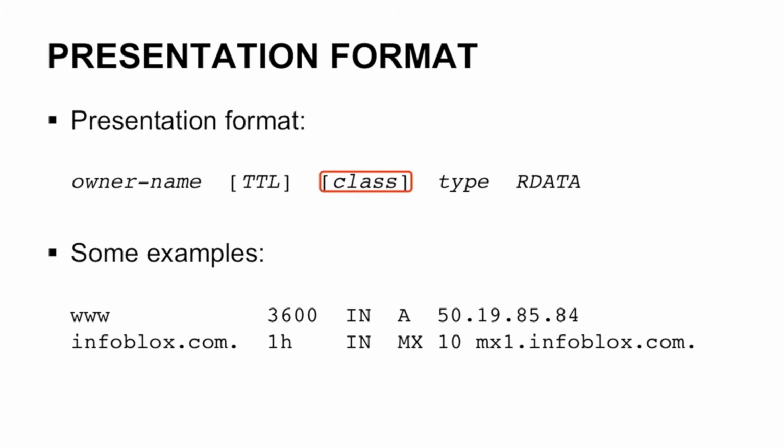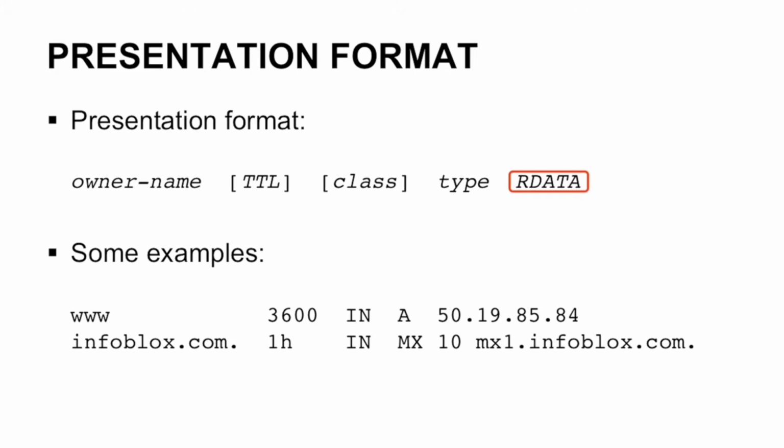Following the class is the type of record, a mnemonic indicating what type of data is stored by this record. And after type comes what's called RData, or record-specific data. The format of the RData depends on the class and type. For example, an A record, which stores an IPv4 address, in the IN class requires a dotted octet representation of an IPv4 address as its RData.